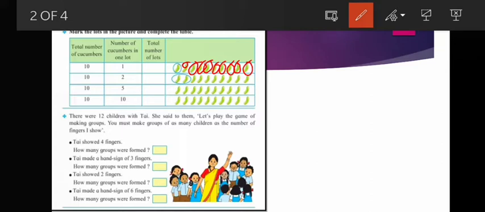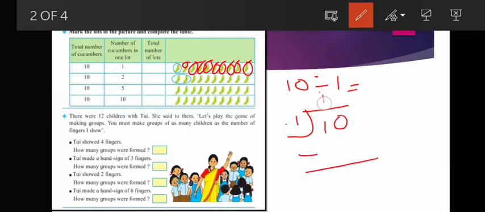See, when you divide 10 by 1, the answer is 10.